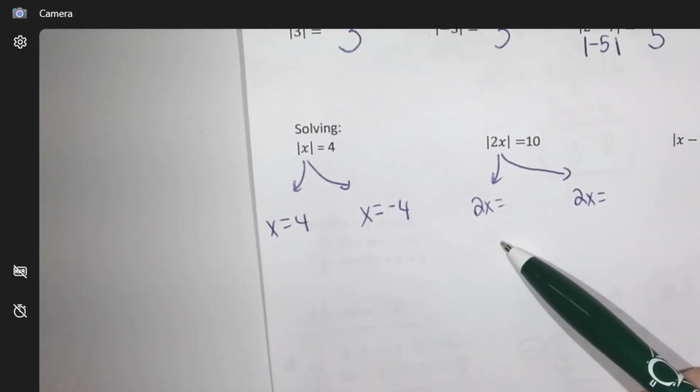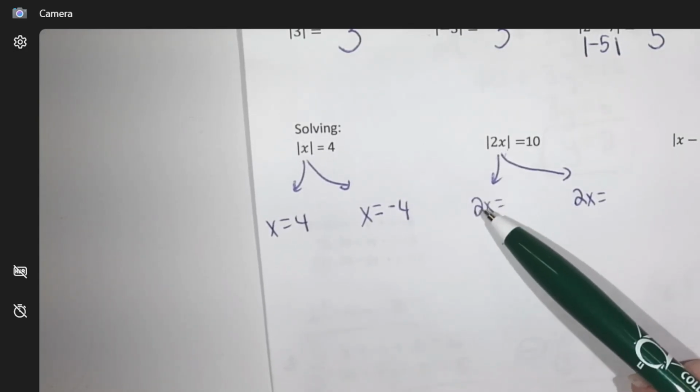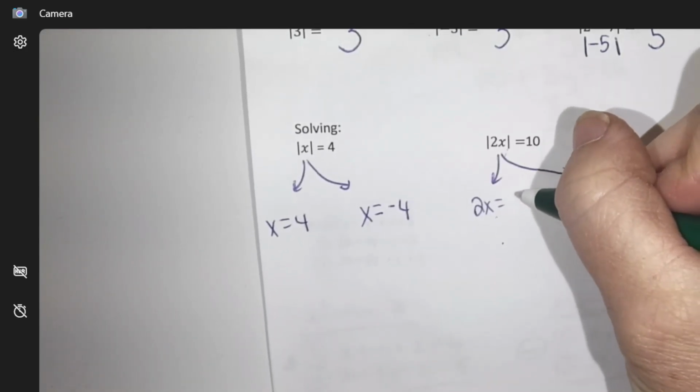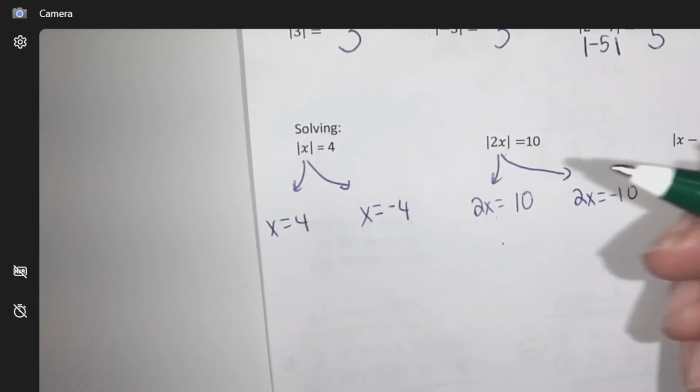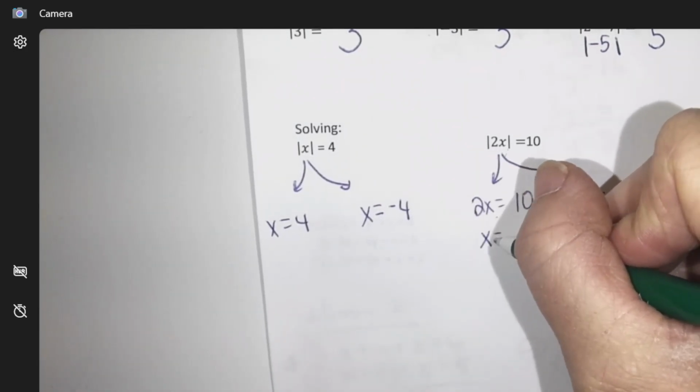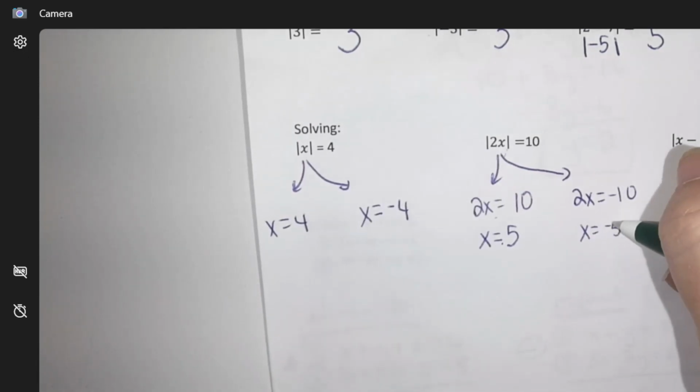Okay, here 2x in the bracket could have been the absolute value of 10 or the absolute value of negative 10. Which means on this example, x would be 5, and on this one it would be negative 5.